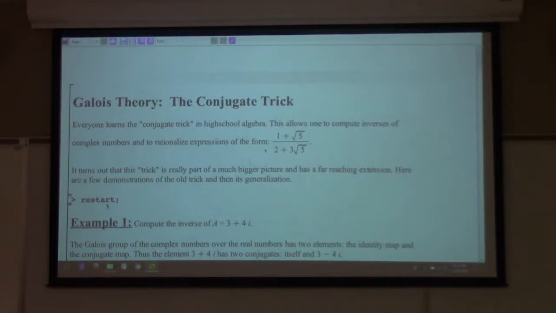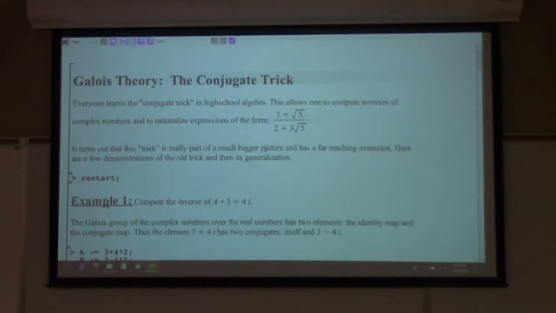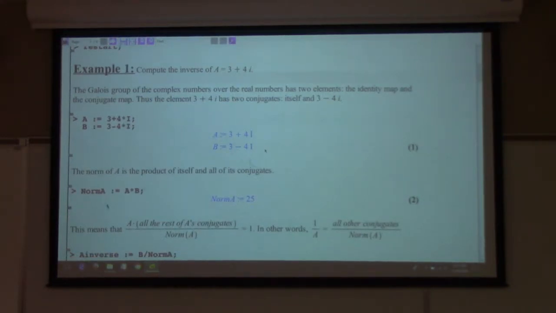And so we can create a norm of sorts. If you're in some kind of extended object and thinking as a number theorist, a norm to you is just something that's integer valued. The really all that you want to get from here is the way to compute the reciprocal: 1 over a is equal to the product of all other conjugates of a except for a itself, divided by the norm of a.